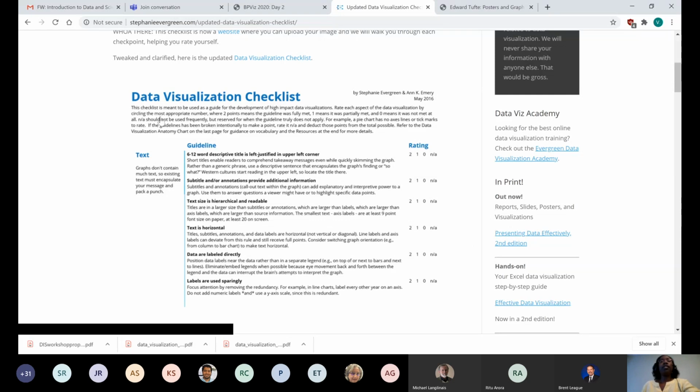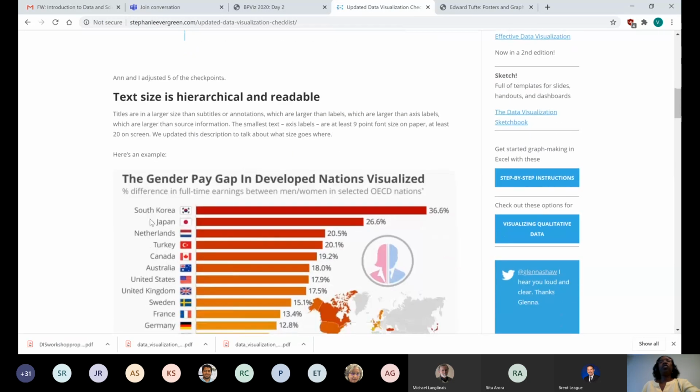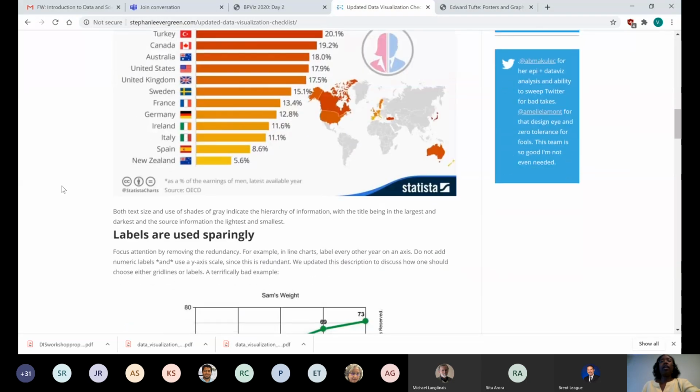The reason why I like this is because it gives you different sections. It talks about how text is represented, and it gives you some rating if you wanted to rate yourself, but it also gives you some examples of what different types of visualization layouts might look like.